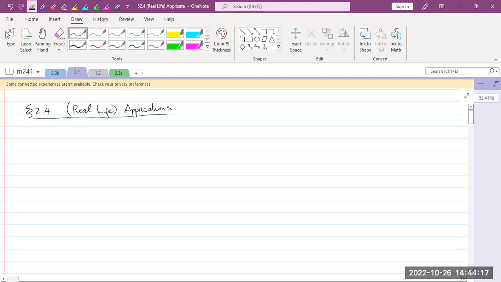I will use 2 new definitions that we use a lot actually in math. The first one is the phrase angle of elevation.